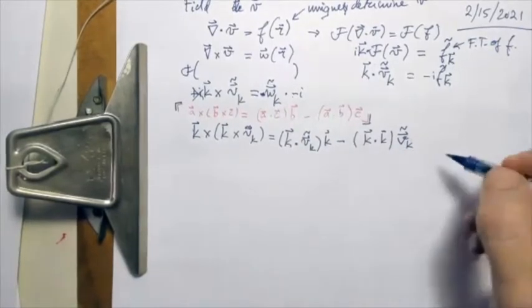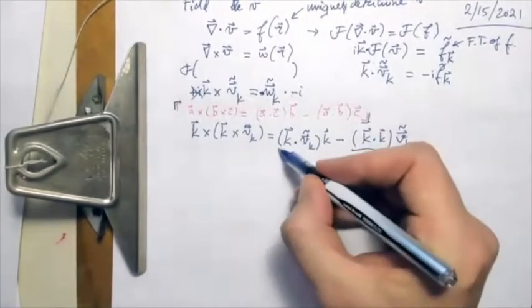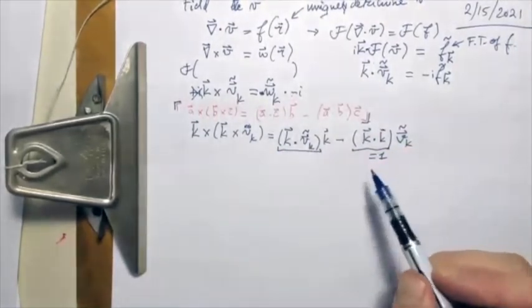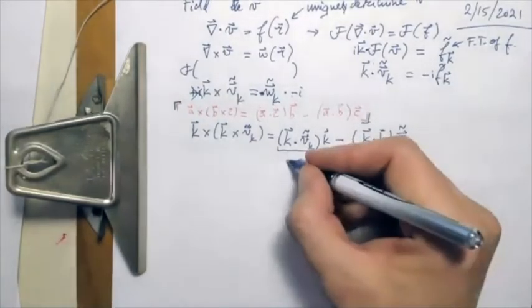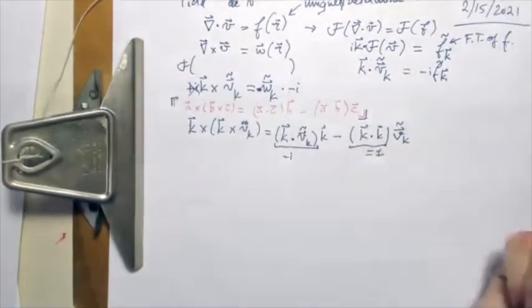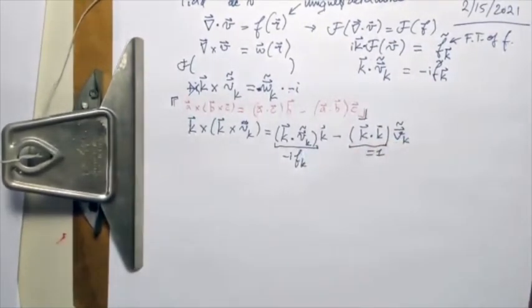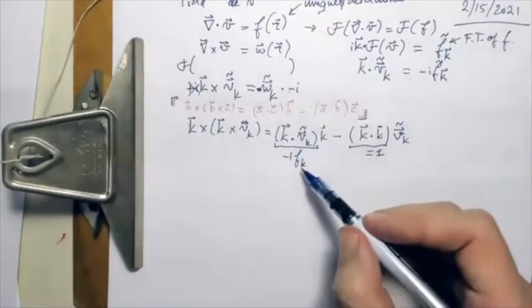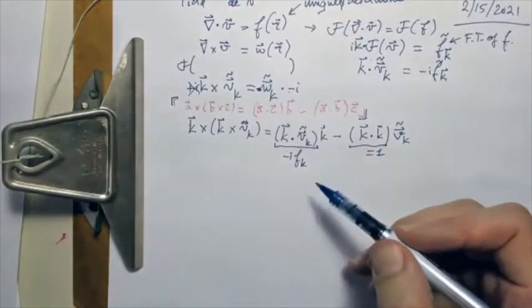Now, of course, this is 1. And this we already had, because we had the dot product here of K and V. It is minus I times the F of K. Okay, so we have that now.